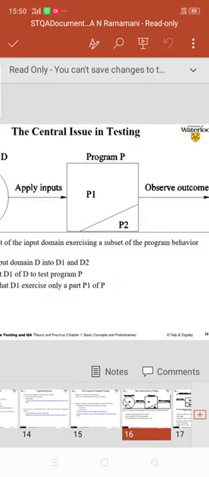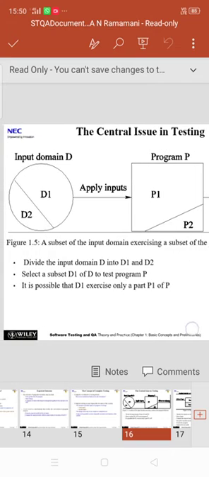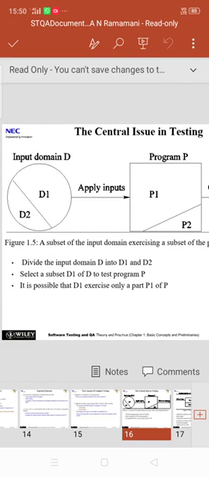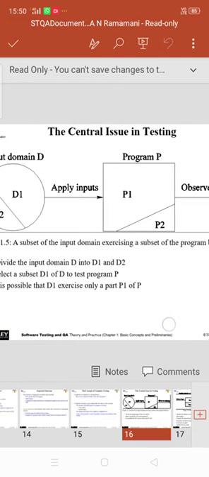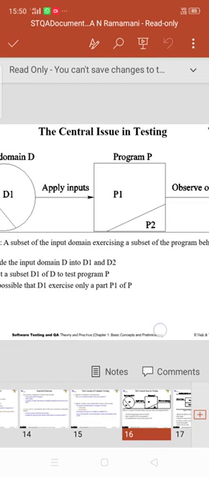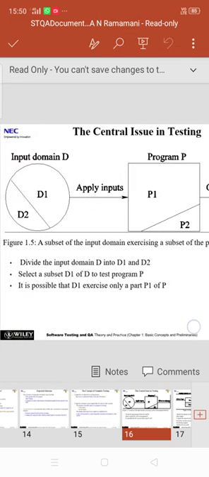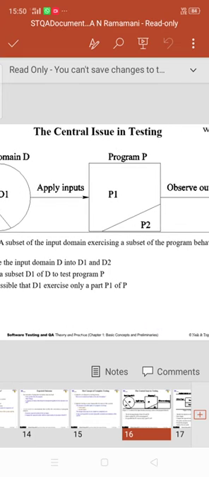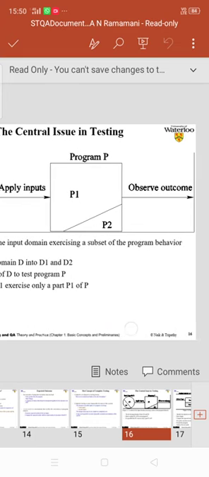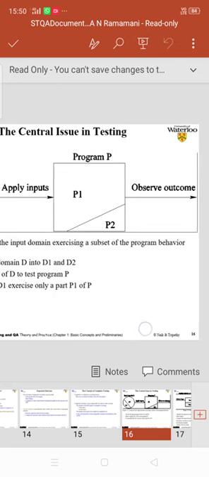The central issue in testing: we observe that the input domain is represented by D, and D1, D2 are subsets of the domain. The program is denoted by P, and P1, P2 are subsets of the program P. We take inputs from the input domain D, apply them to the program P, and observe actual outcomes.